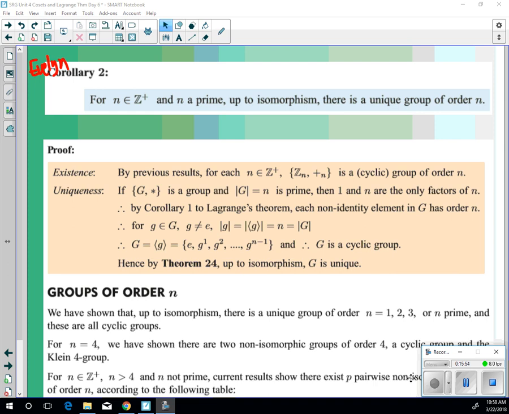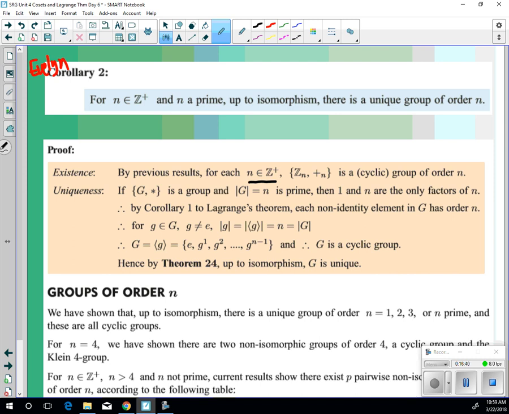So for this one, for any positive prime number, up to isomorphism, there is one group of order n. For any positive integer n, the integers of the residual classes with addition modulo n form a cyclic group of order n.